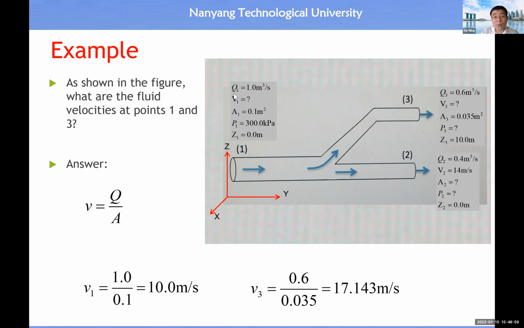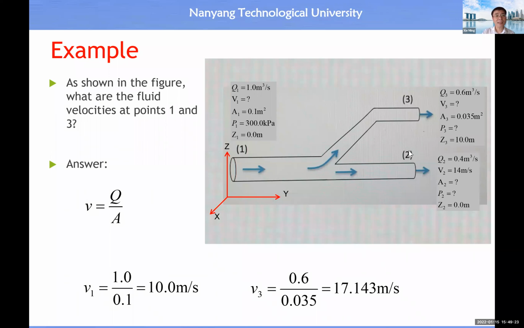So from here, you see, we know the volumetric flow rate, we know the sectional area, then immediately you know Q1 divided by A1 is equal to V1, all right? So then you get V1. And here is the same situation. We know Q3, we know A3, then Q3 divided by A3 will give us the fluid velocity at point 3.